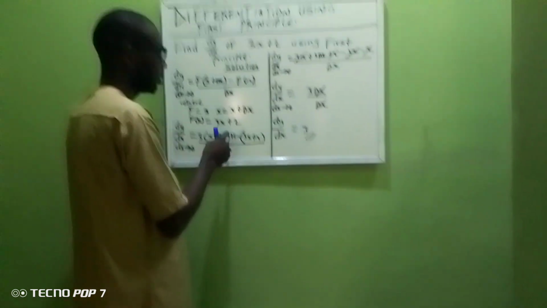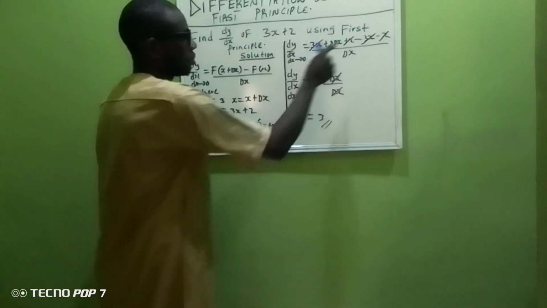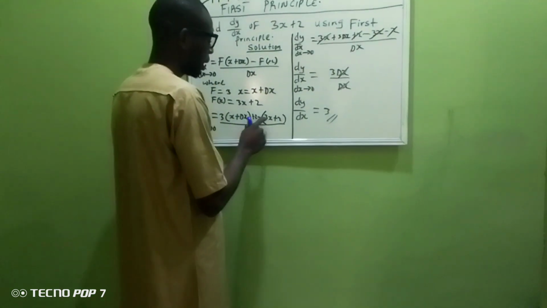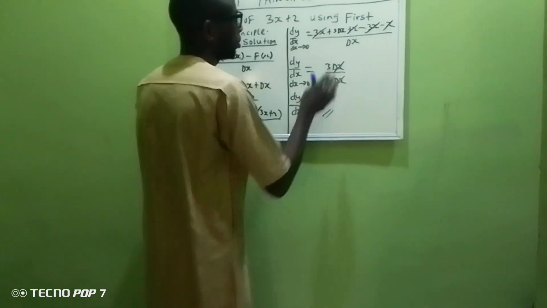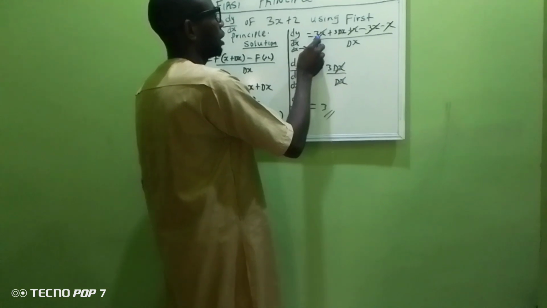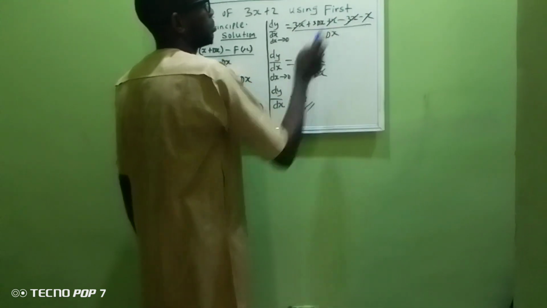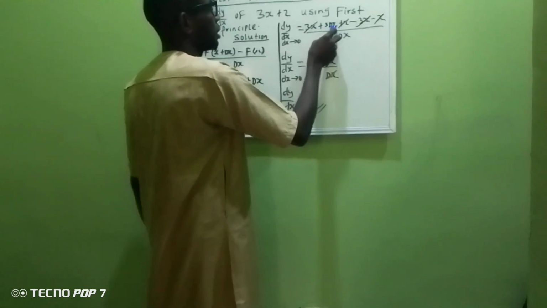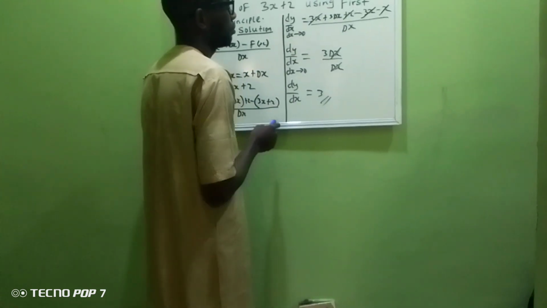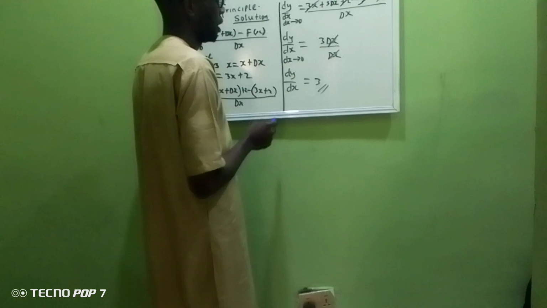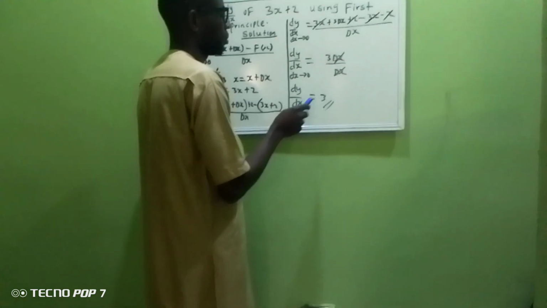Then plus 2. Then minus times 3x will give us minus 3x. Minus times plus 2 gives us minus 2, all over δx. 3x will cancel 3x. Plus 2 will cancel minus 2. We are left with 3δx over δx. Then the δx will cancel the δx, and dy/dx is equal to 3.